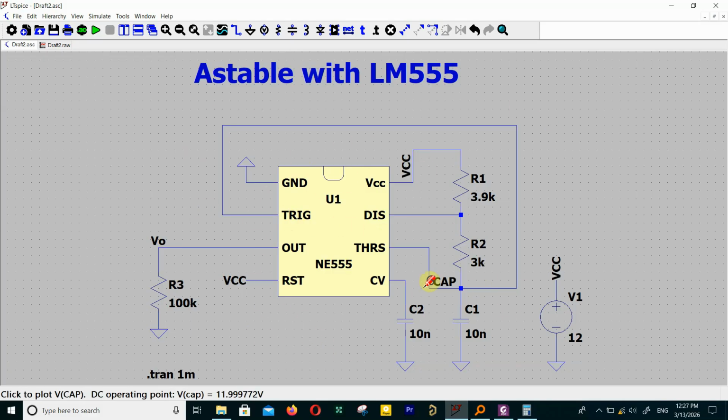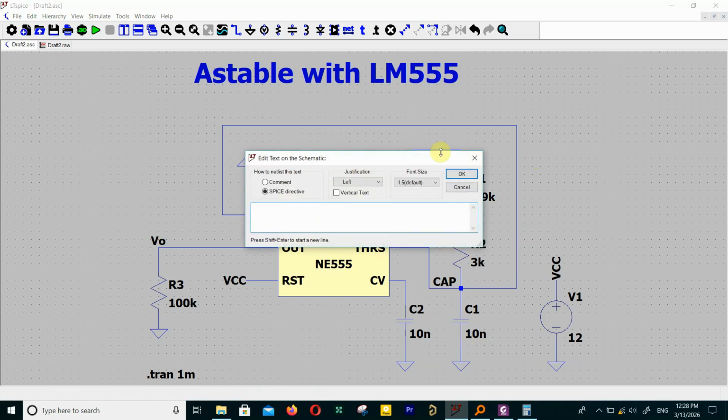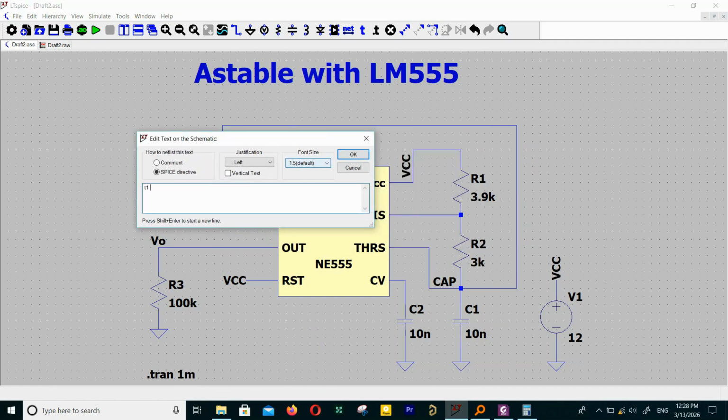This is pins 2 and 6 connected together. This is RA, RB, and this is a capacitor. Let me just write T1 equals almost 0.7 times (R1 plus R2) times C1, and the other, T2, is 0.7 times R2 times C1, and the total T equals T1 plus T2.